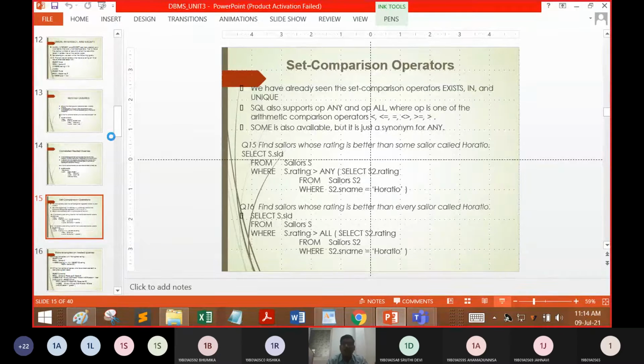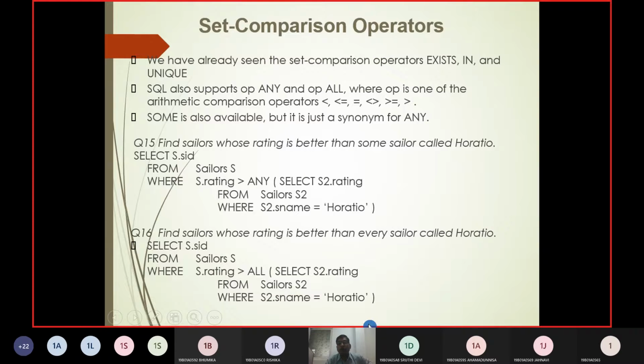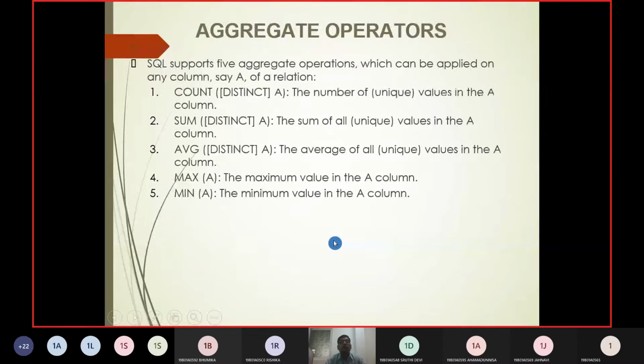As far as aggregate operations are concerned, we have sum, then we have average, then we have count. So in this way, there are a few operations that need to be told to you. One, we are going to call it as count. 2, we are going to call it as sum. 3, we call it as average. 4th one max, and 5th one as minimum.